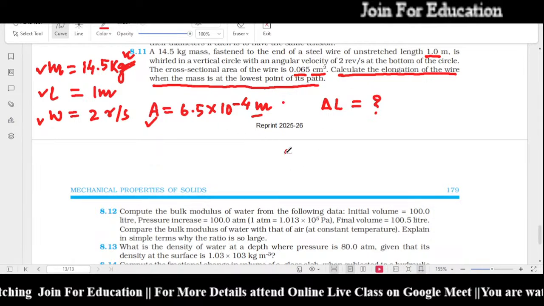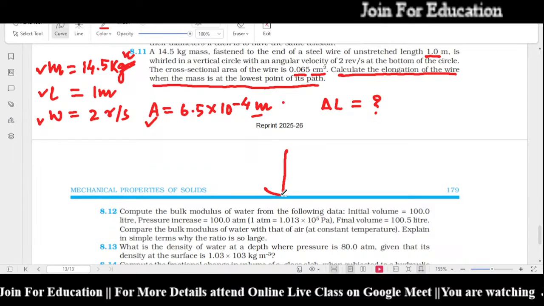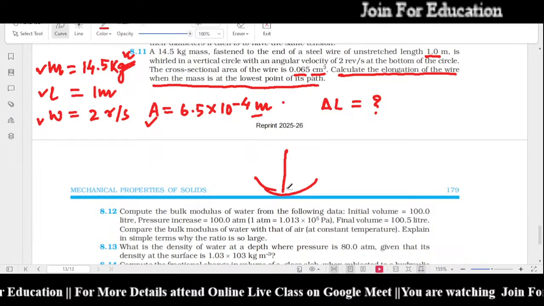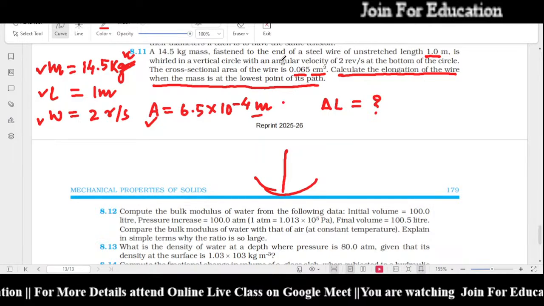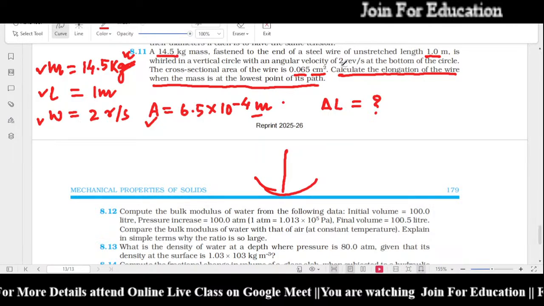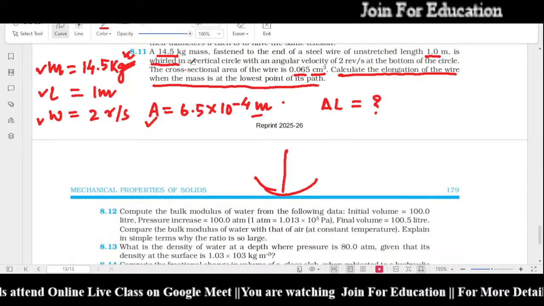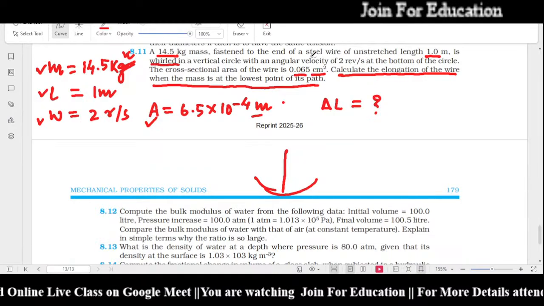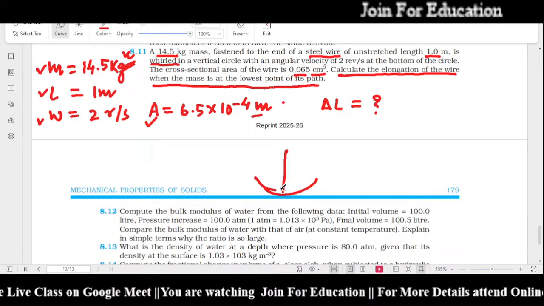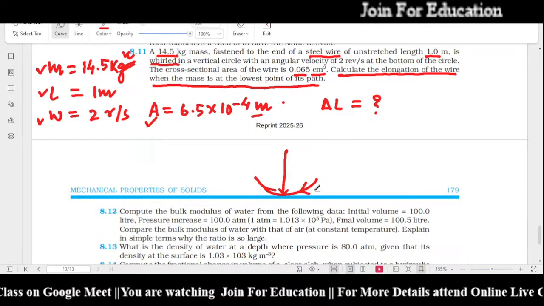Suppose this is the center and in this circular path this mass is whirled by the steel wire, according to this direction.